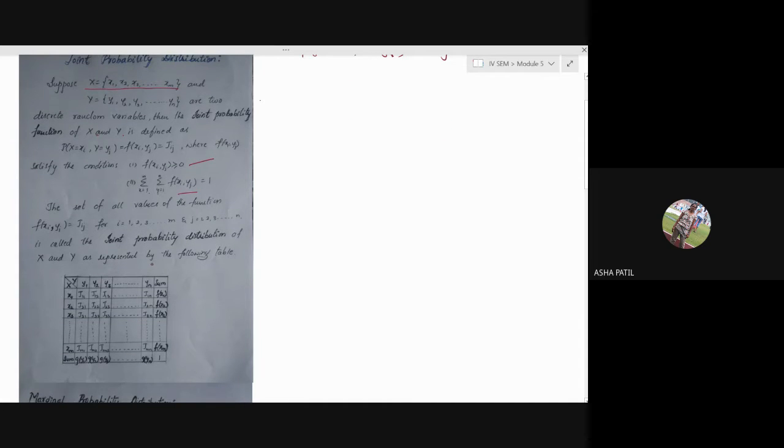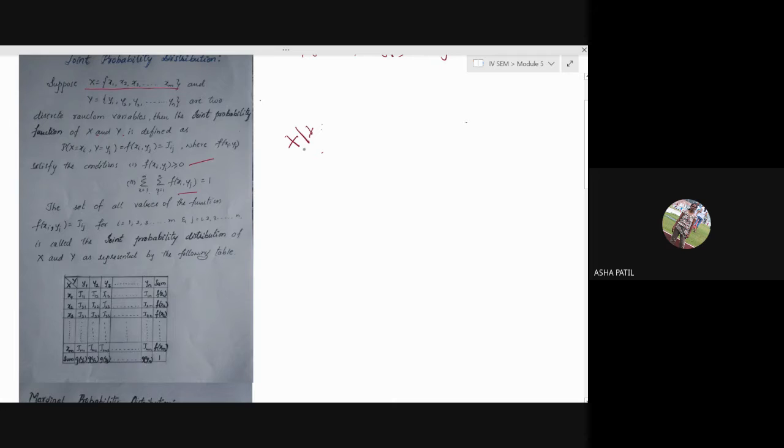As we write the probability distribution by taking x and f of x or p of x, all the values of x and their corresponding probabilities we call the probability distribution for one variable. Now similarly, since we have two variables, we will be having x as well as y.